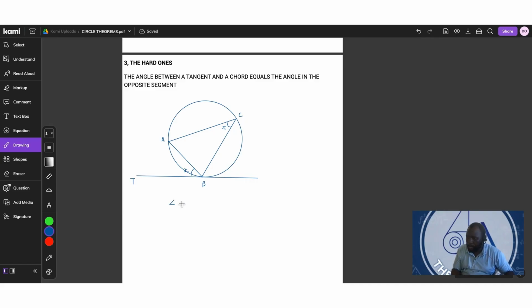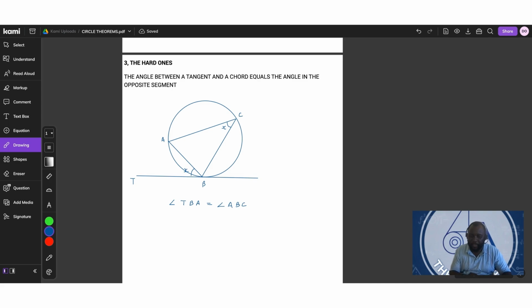So angle TBA is equal to angle ABC. And that is what we say. This angle is in the other segment, and the other angle is in the opposite segment. So this angle is mirrored on the other side.